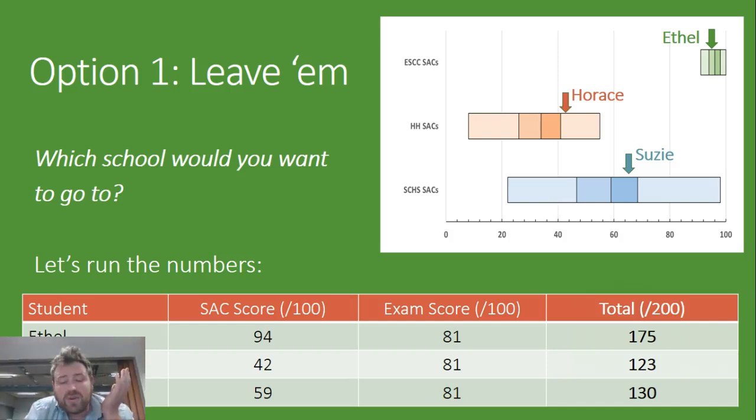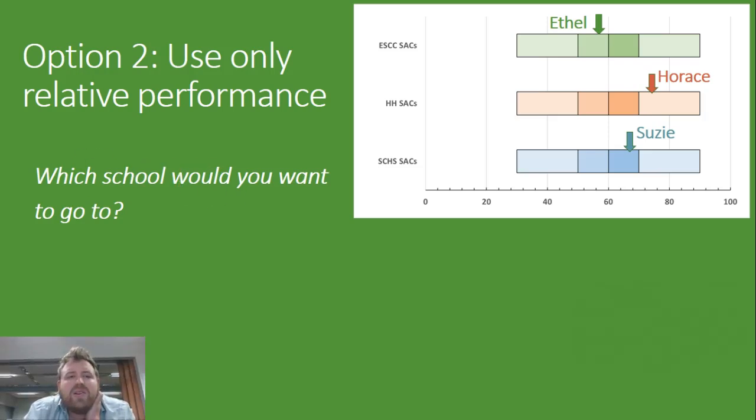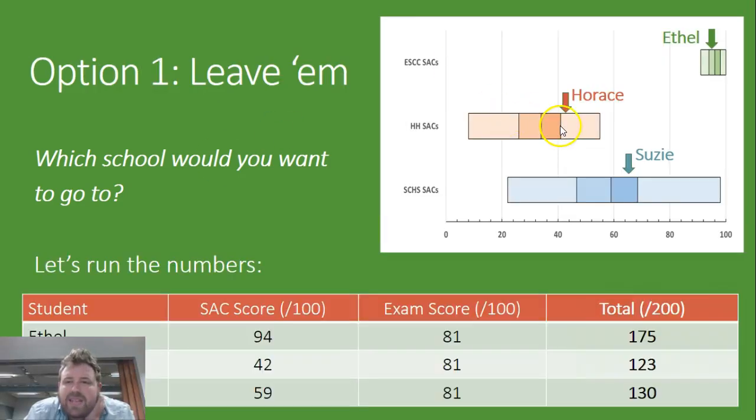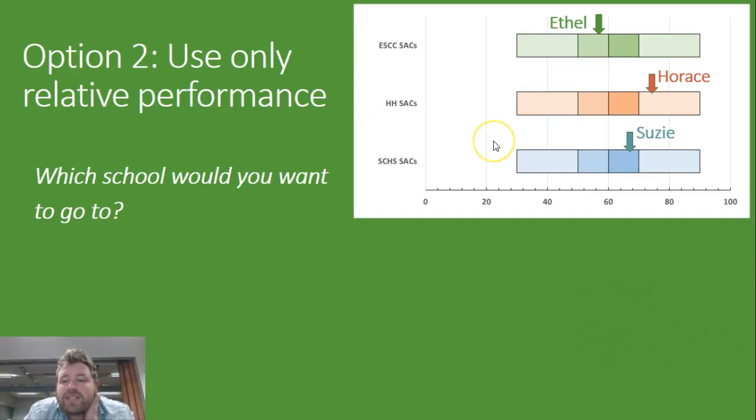So option 2 would be only to look at relative performance within your cohort. So if we go back to their marks on that previous page, yeah, Horace is only getting 45%, but he's in the top quartile. And Susie is in the third quartile, and Ethel is actually a little bit below average for Easy Street. So we could just completely normalize all the scores, set them all to the same baseline, and just say, where are you in your cohort?